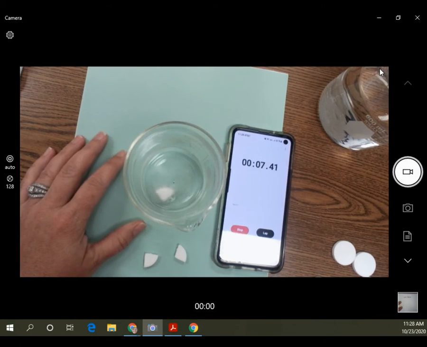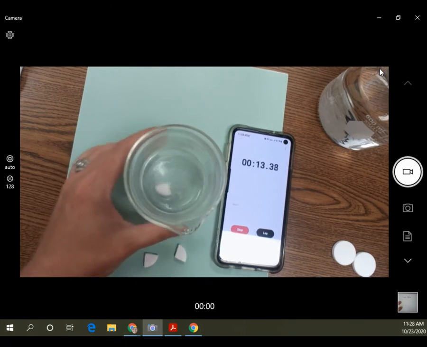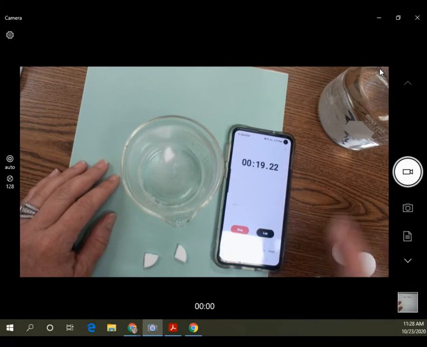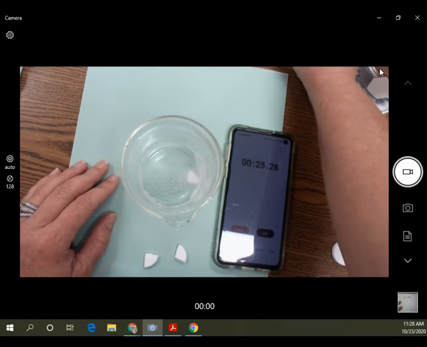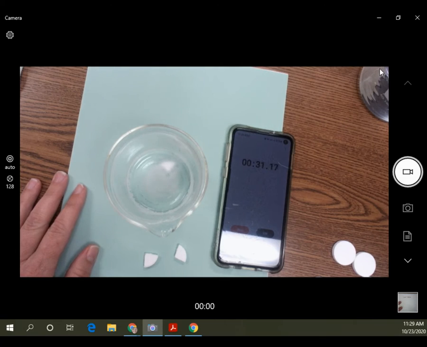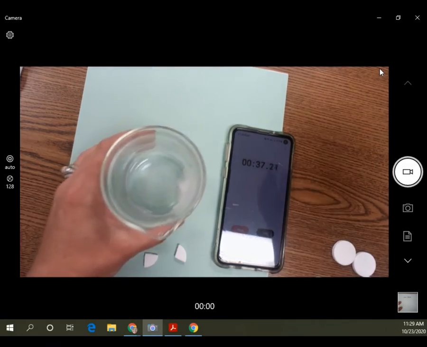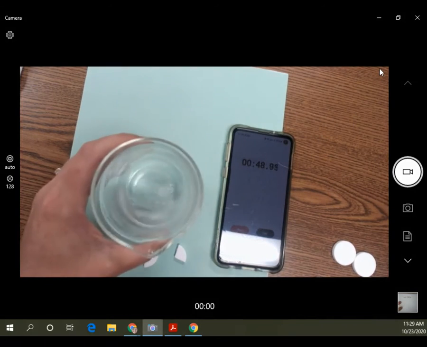I don't want to shake it too much because we didn't shake the other one too much. We want to make sure we're being consistent. We're close.